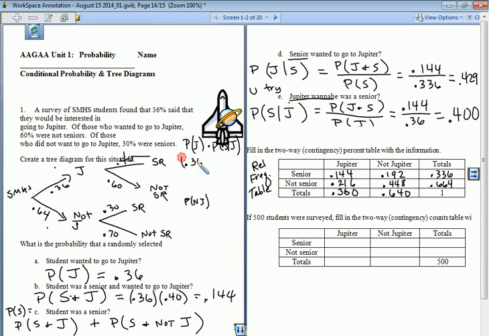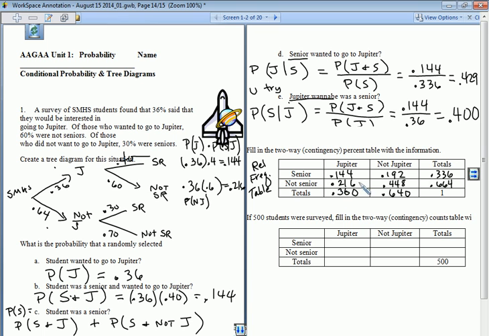That gives us the 0.36 times the 0.4, and we used that information earlier, 0.144. Okay? Senior and Jupiter. All right, and then this would have been the 0.36 times the 0.6 for this. That's where we got the 0.216 from.